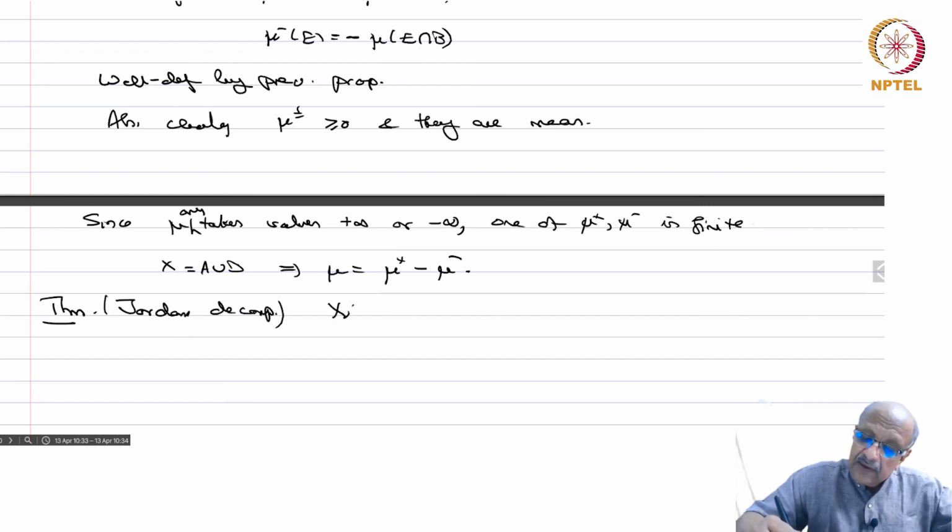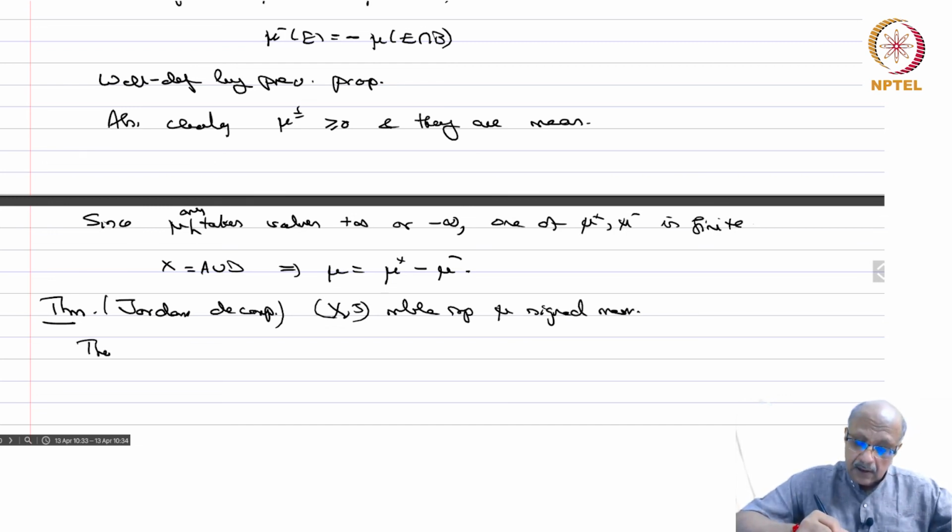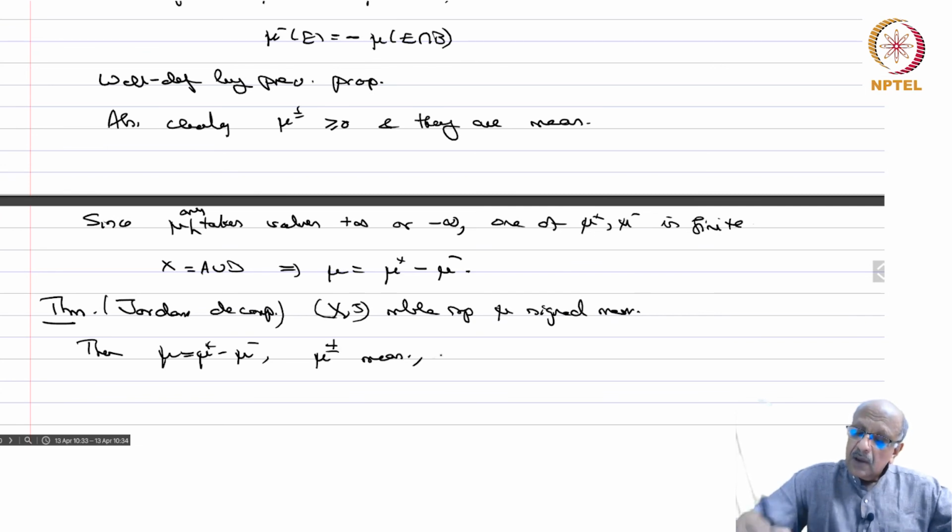So X, S a measurable space, mu a signed measure, then mu equals mu plus minus mu minus, where mu plus and mu minus are measures, at least one of them finite.